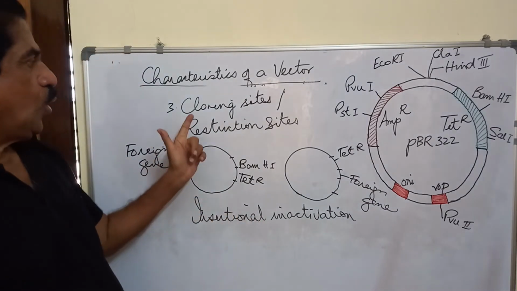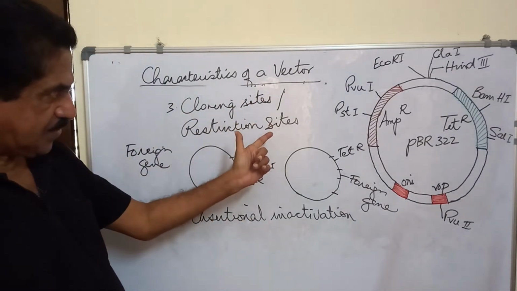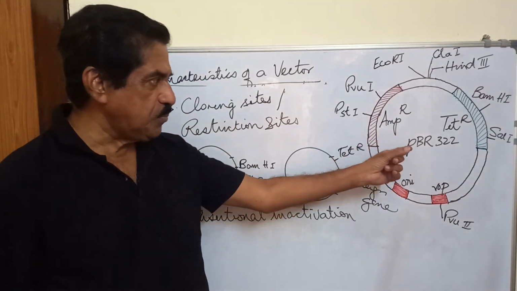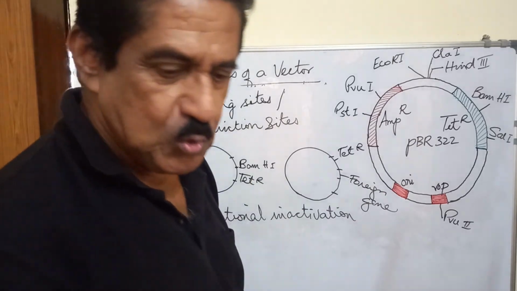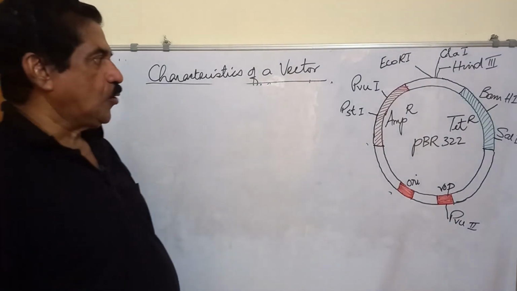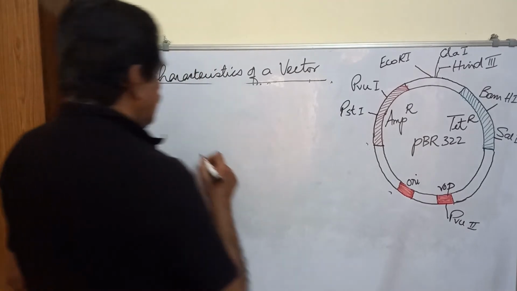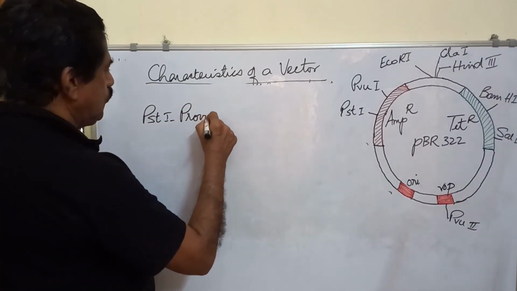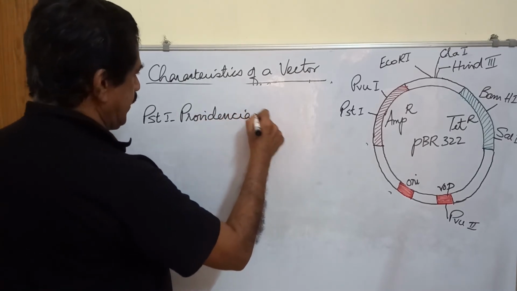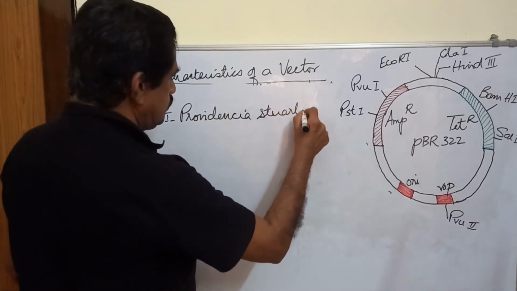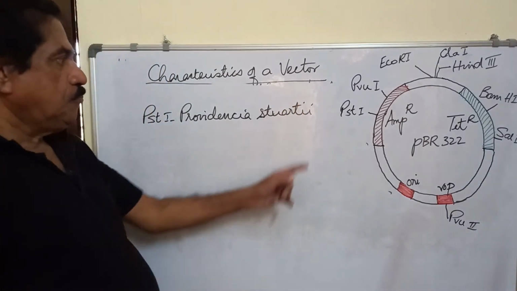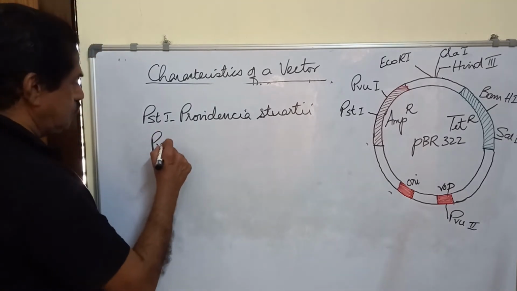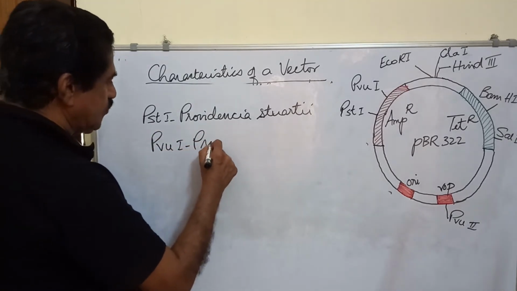Cloning sites or restriction sites are places where different restriction endonucleases cut pBR322. Let us look at the sources of the different enzymes. PstI is obtained from the bacterium Providencia stuartii. PvuI is obtained from Proteus vulgaris.